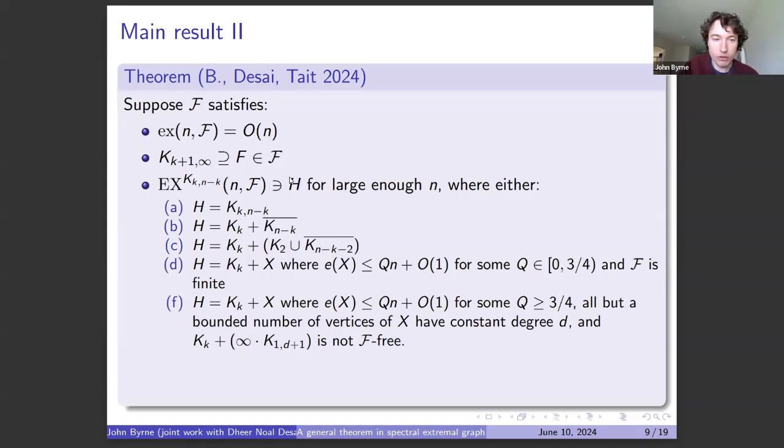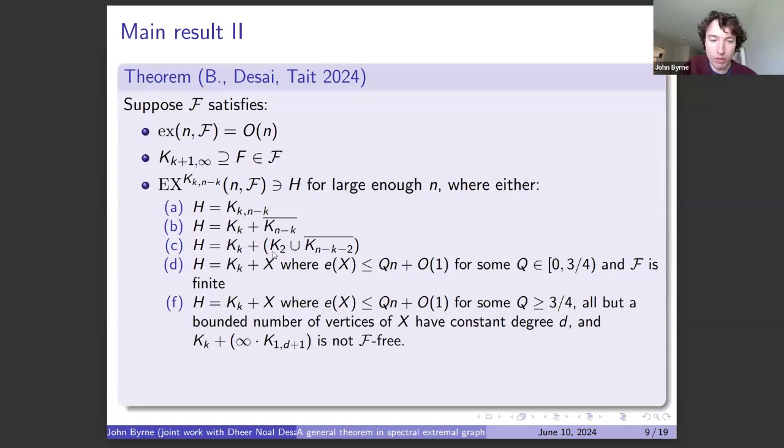But the 6 forms that the graph can take: it can either be a complete bipartite graph, K_{k,n-k}, or B and C are the 2 graphs that we saw in the previous result. And then maybe instead of having an independent set on the right-hand side, we have some non-trivial graph on the right-hand side with a linear number of edges.